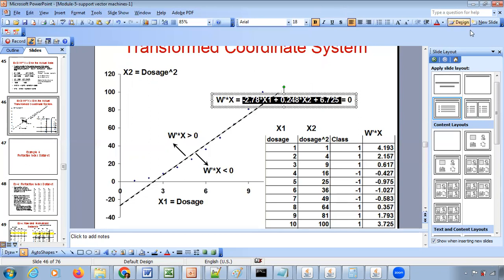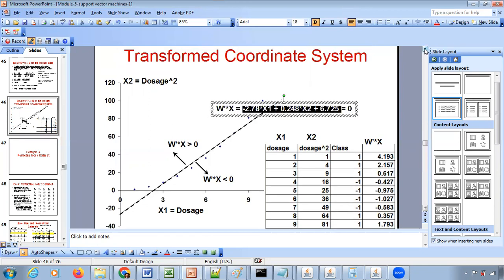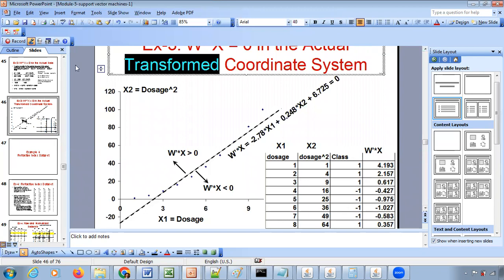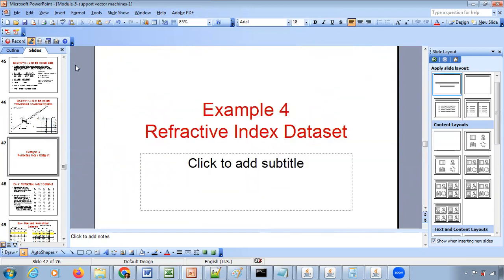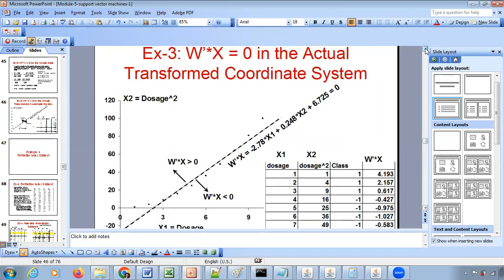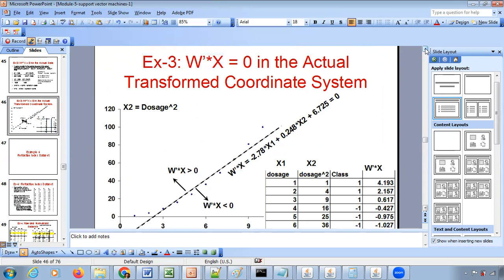Again, we cannot say it's actual still because it's a transform. The kernel trick does the transformation from one dimension to two dimensions in this case. So we can say it's the actual transform coordinate system. That's more precise.